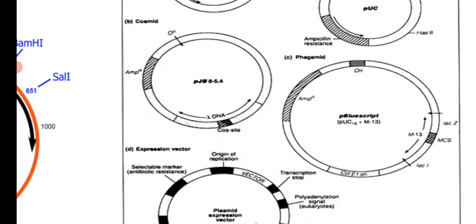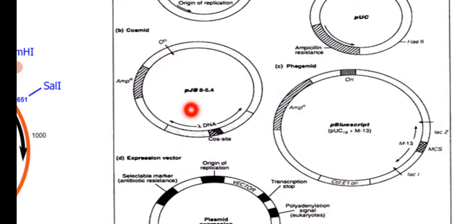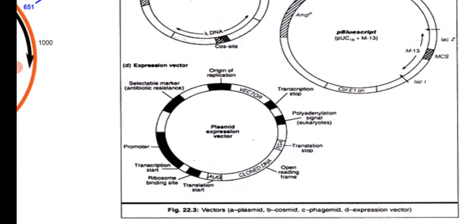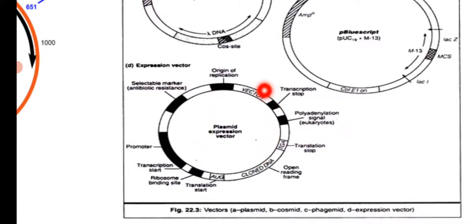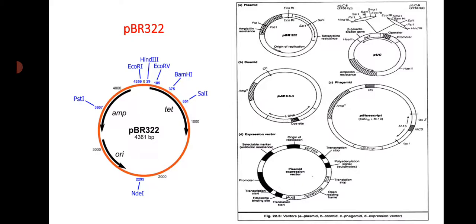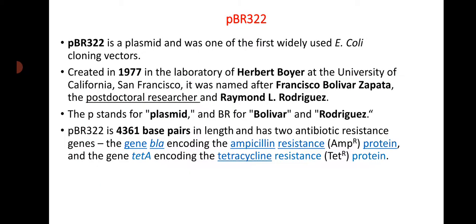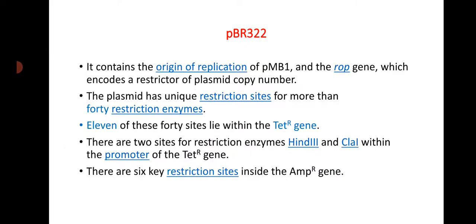B is a cosmid. C is a phagemid, from phages, and D is a plasmid expression vector. This is called an expression vector. So all these are vectors. I told you about pBR322 just now. Same thing it is.